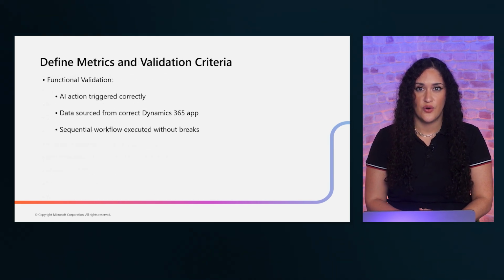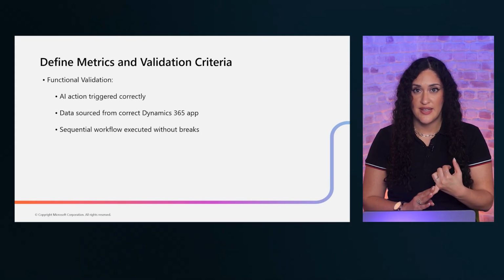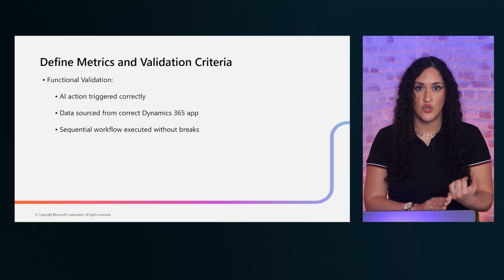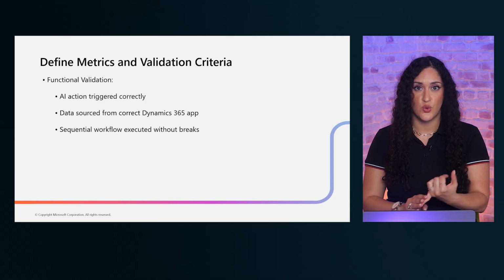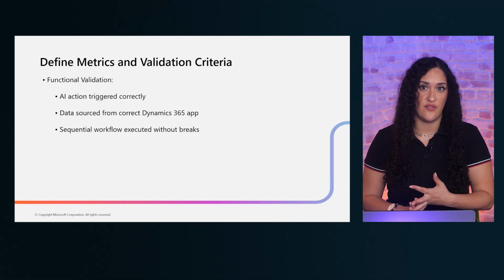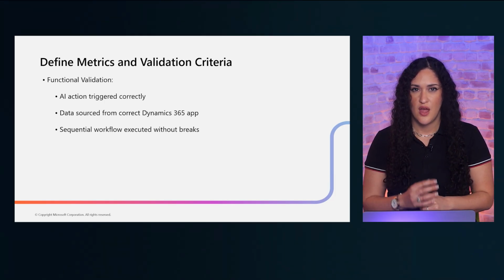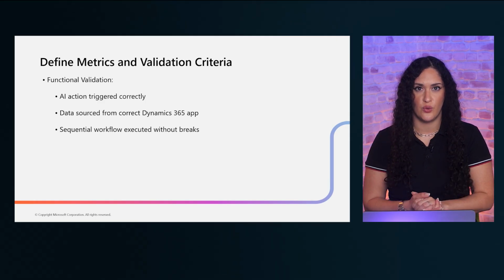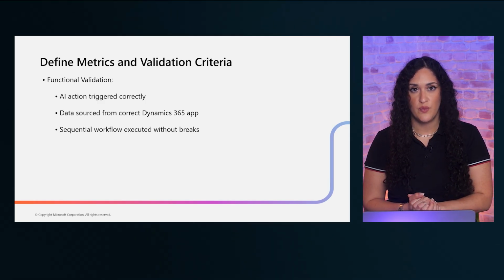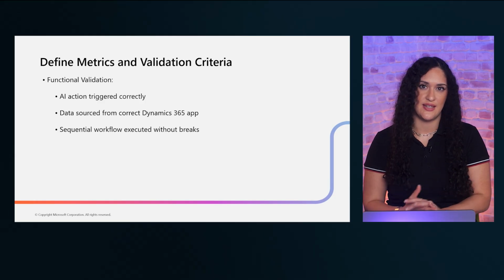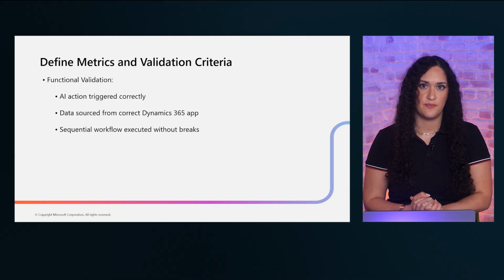Validation criteria for end-to-end testing fall into three categories. Functional validation confirms that AI actions triggered correctly. Data was sourced from the right Dynamics 365 app, and sequential workflows executed without breaks. Non-functional validation covers latency across the full workflow, error handling and recovery between apps, and consistency of AI recommendations.